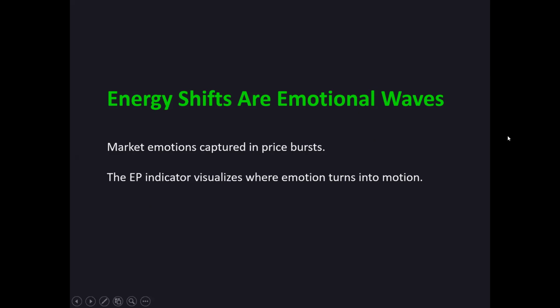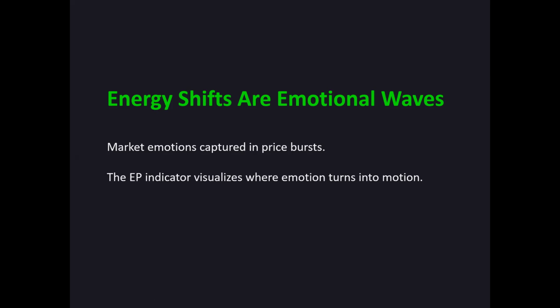Energy shifts are emotional waves. Market emotions captured in price burst. That's what it was, an emotional wave. The EP indicator visualizes where emotion turns into motion. That is what is needed for us. A retail trader has to get the visualization of the emotion turning into motion.